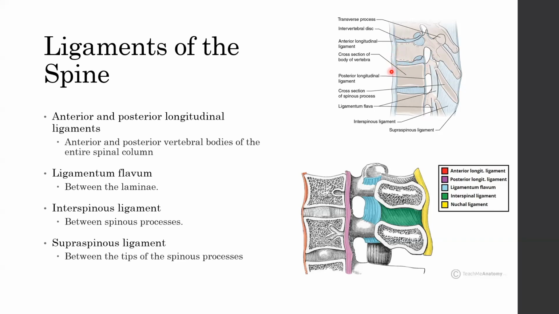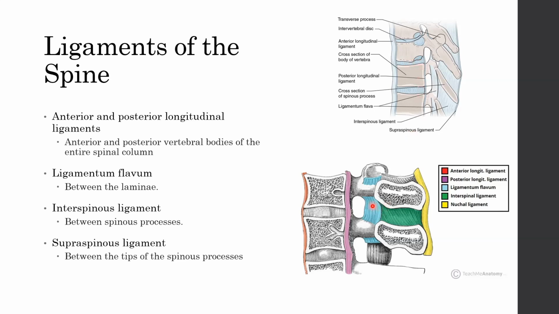We have more protection on the anterior aspect of our vertebral column via the larger anterior longitudinal ligament. The smaller posterior longitudinal ligament, although it does help with keeping those discs in place, is more easily displaced whenever we do have disc herniations.